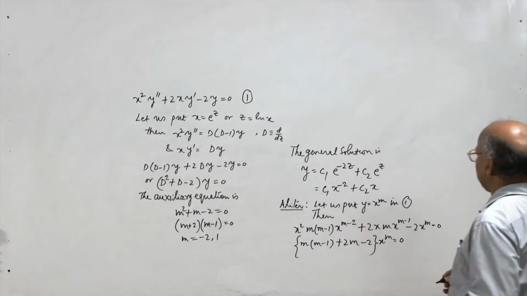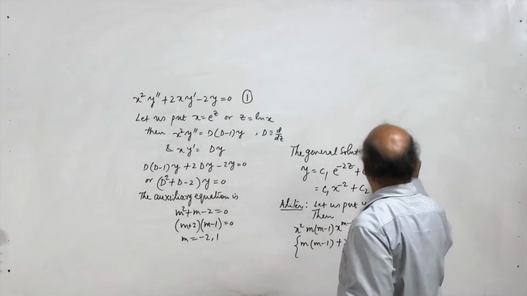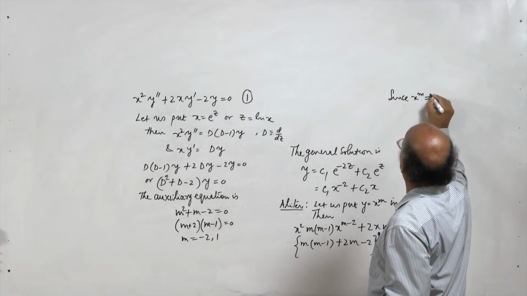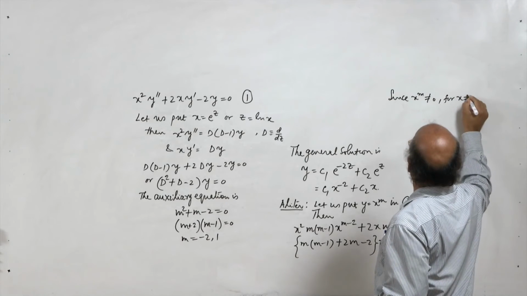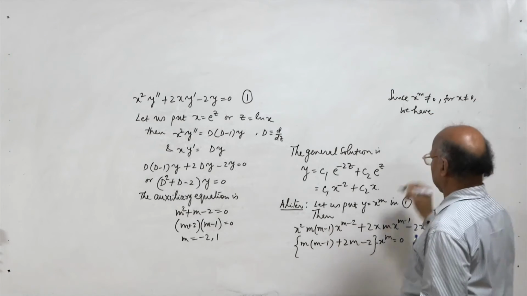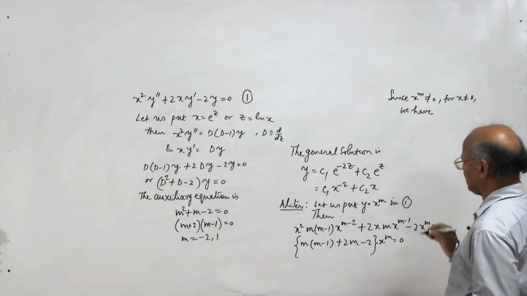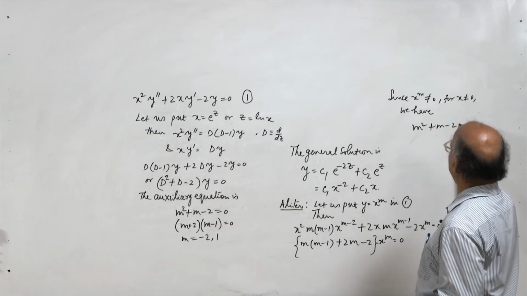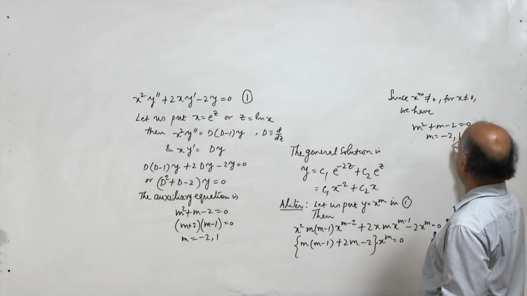Now again x to the power m is never 0 when x is not equal to 0. So we have m into m minus 1 plus 2m minus 2 equal to 0, which gives you m square plus m minus 2 equal to 0. The roots are m equal to minus 2 and 1.